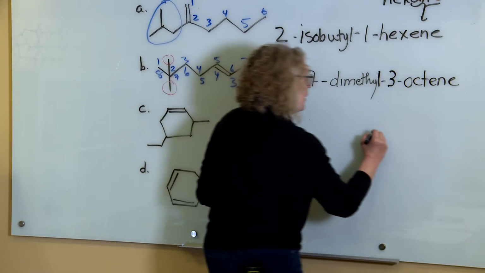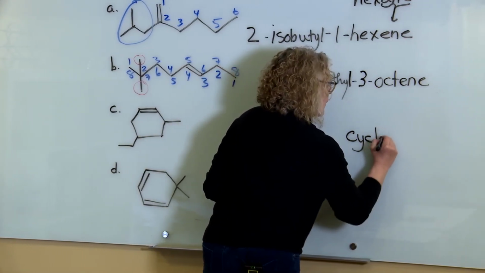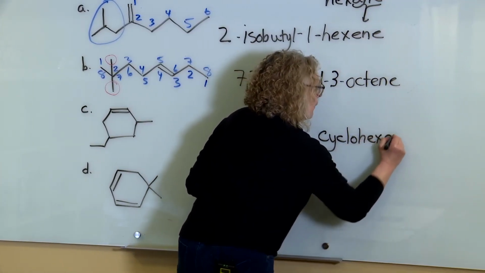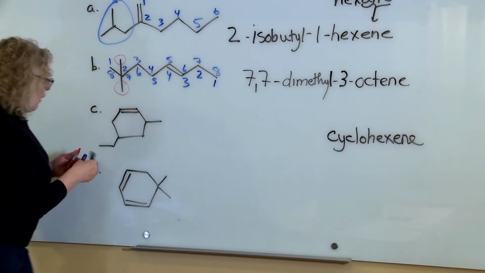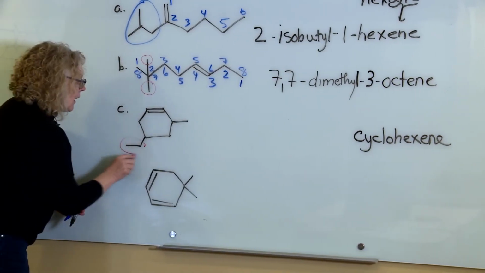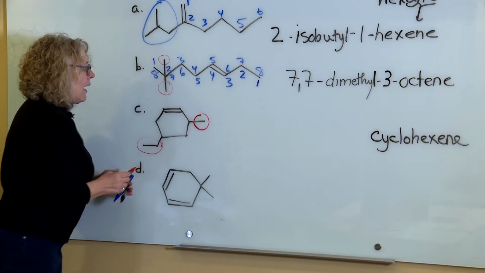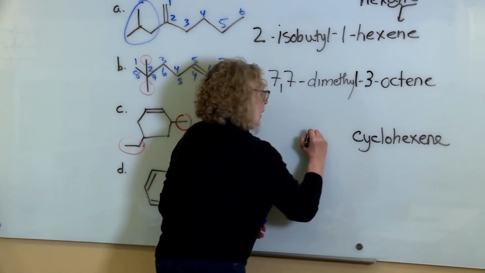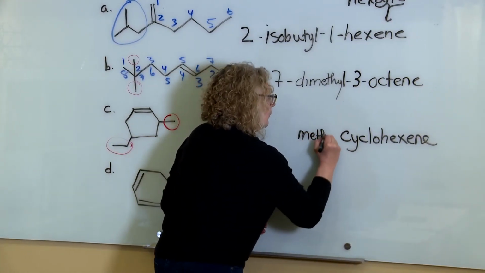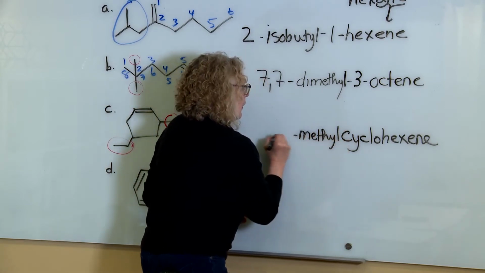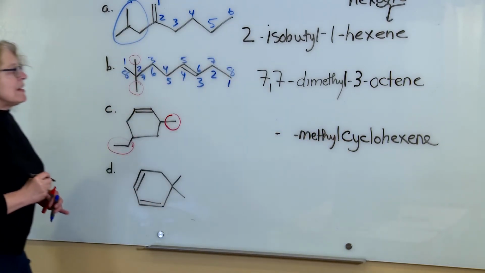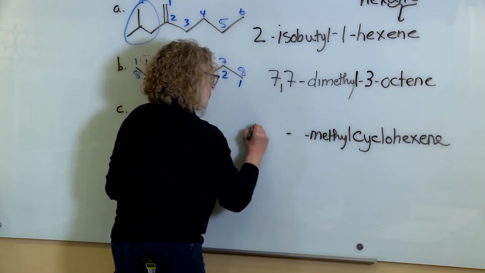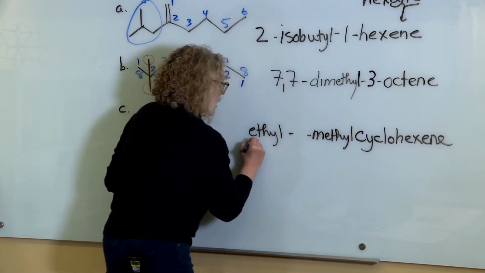So this is a cyclohexene. We also have 2 substituents on here. We have an ethyl and a methyl. Methyl is connected to the cyclohexene name, and then the ethyl comes first because E beats M.